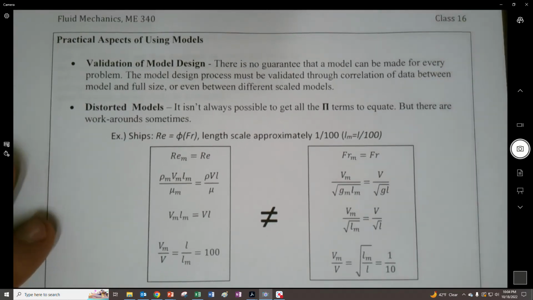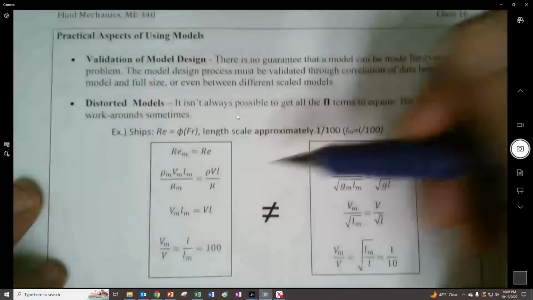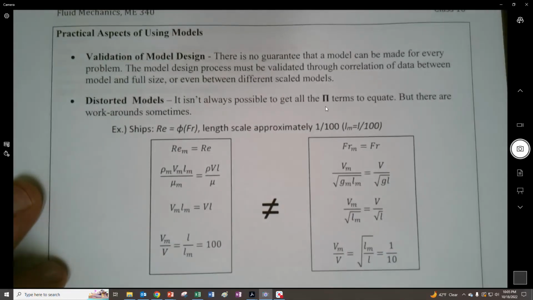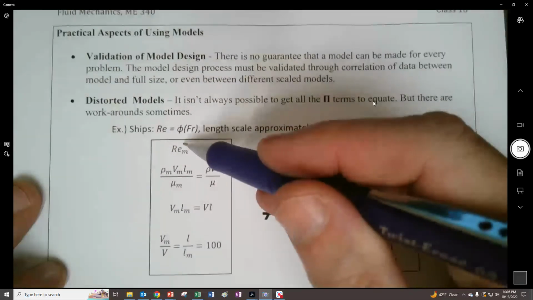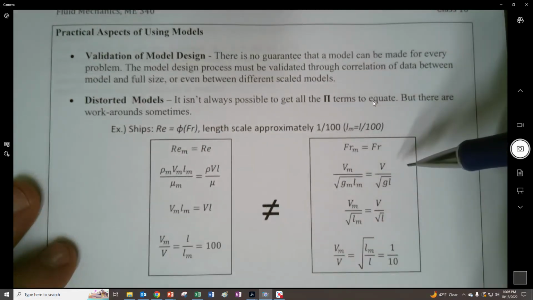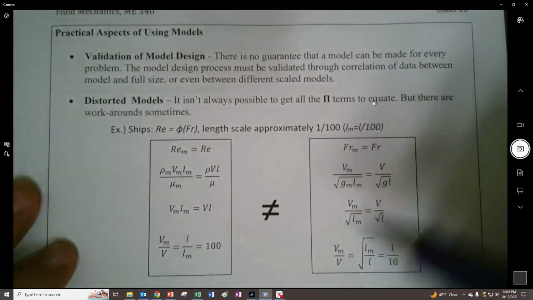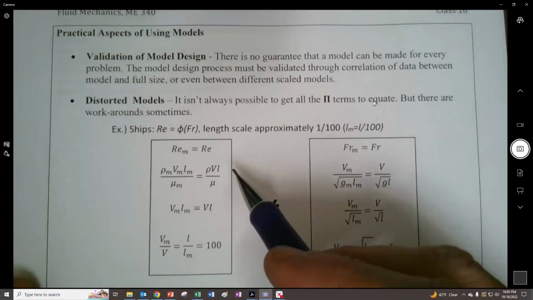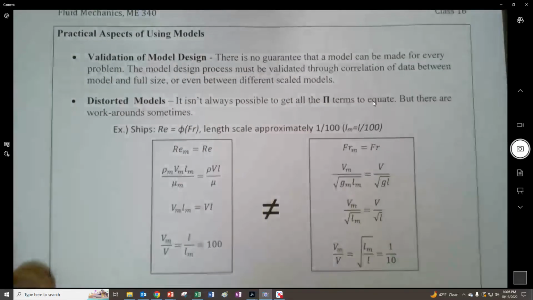Perfection's unobtainable. Sometimes we're left with what's called a distorted model, where it's not possible to get all of the scalings. A common example is ships, where we cannot get the Reynolds number scaling and Froude number scaling at the same time, because most of the time we're limited by what fluids we can use.